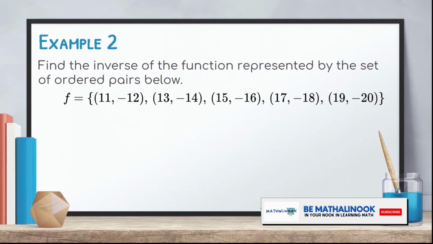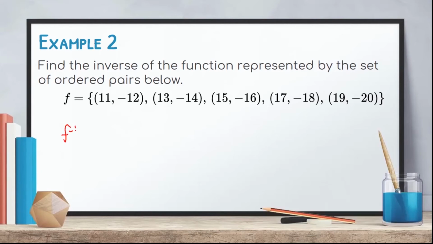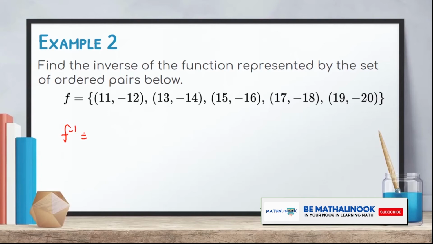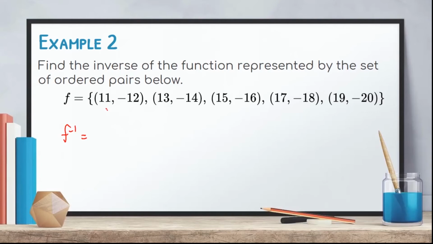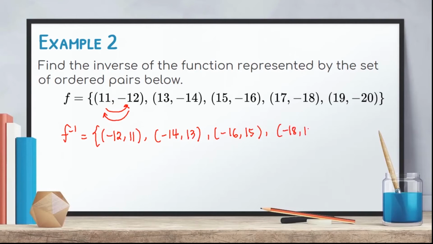Again, to solve for its inverse, denoted by f raised to -1, we simply interchange the values of x and y. So we will have the set of points (-12, 11), (-14, 13), (-16, 15), (-18, 17), and (-20, 19). So this is the inverse of the given function.